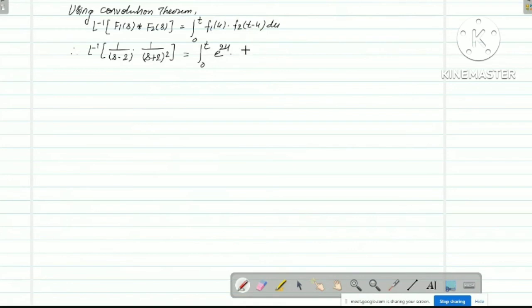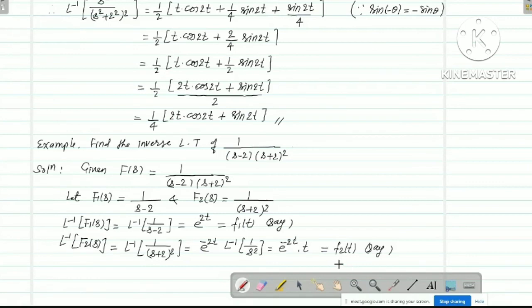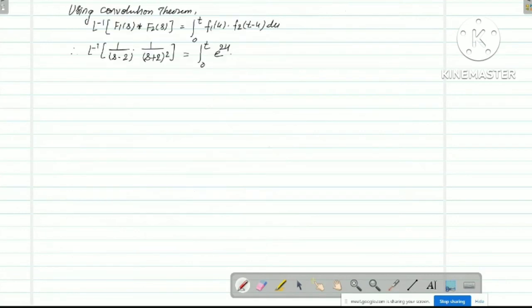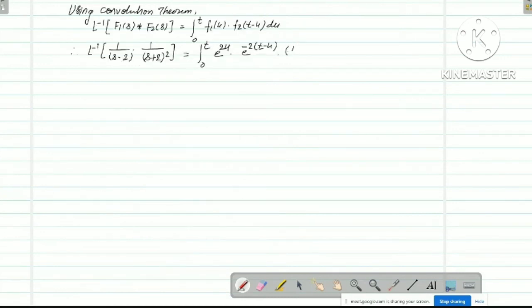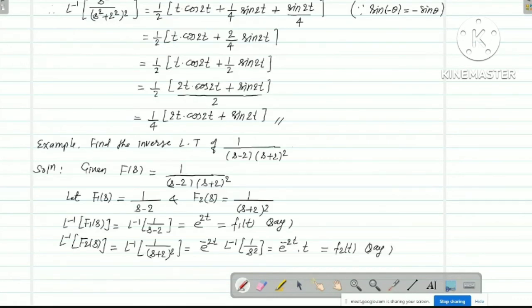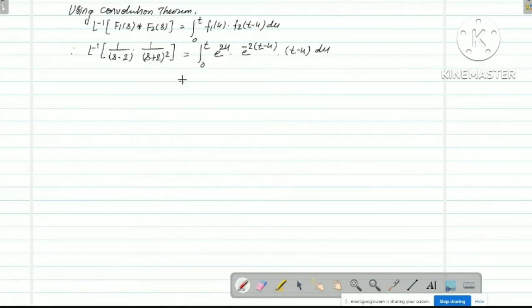We replace t in the function f2(t) by t minus u, so e raised to negative 2 times (t minus u) into (t minus u), and write down du.